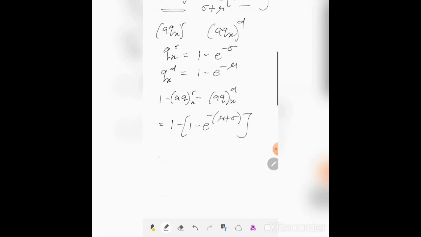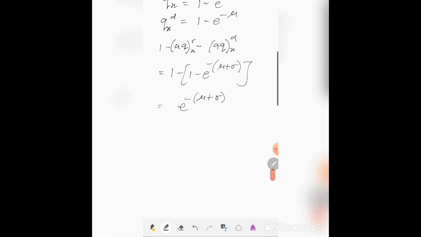So when you further simplify it, you get e to the power of negative (nu plus sigma), which is overall working out as minus (nu plus sigma) equal to the log of 1 minus aqxr minus aqxd.